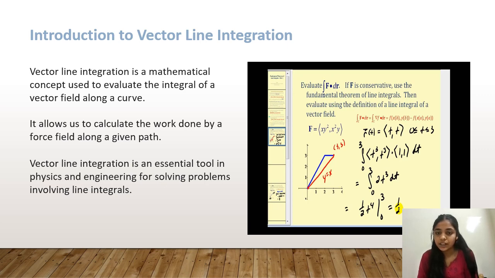F equals x y squared comma x squared y. Here integral over C of F dot dr equals integral over C of gradient f dot dx, which equals f(x(b), y(b)) minus f(x(a), y(a)).